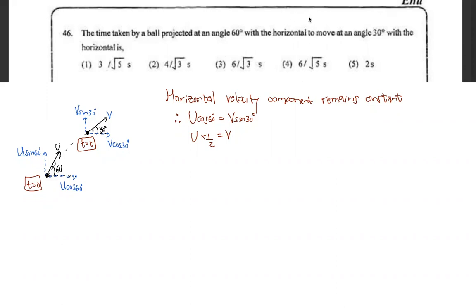Not sine 30, cos 30, apologies. Cos 30 is root 3 over 2, therefore the half and half will get cancelled out, so I'm going to get u is equal to root 3 v.